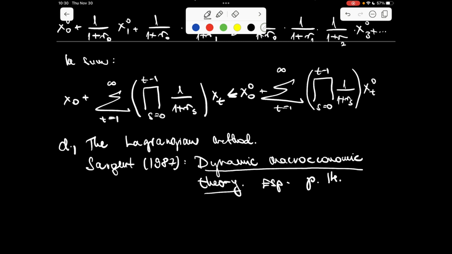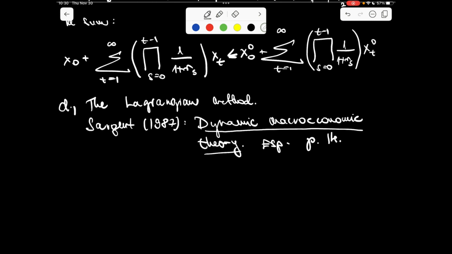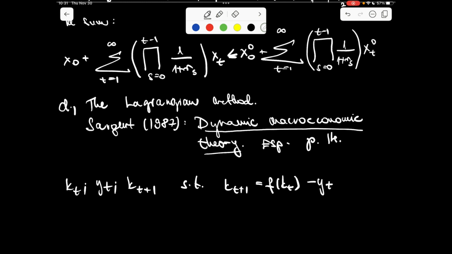So to write the Lagrangian formulation of the problem, we need to realize that we have three variables in the problem. Okay, so the capital path is determined by the production, output, and consumption.